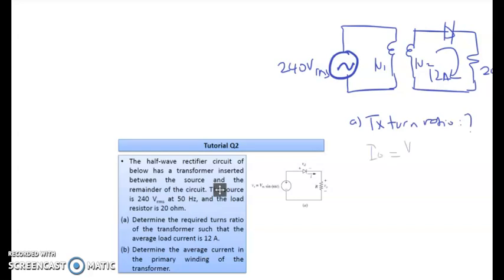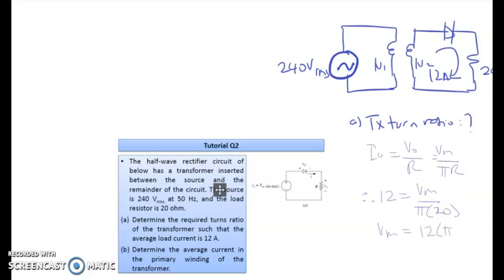So as per what we have discussed before, you try to find out what is the average current that flows into the secondary or into the load using the previous formula, which is I equal to V average divided by R, or Vmax divided by pi R. So we have here the average current given, so we put in 12 ampere equal to Vm divided by pi divided by 20.